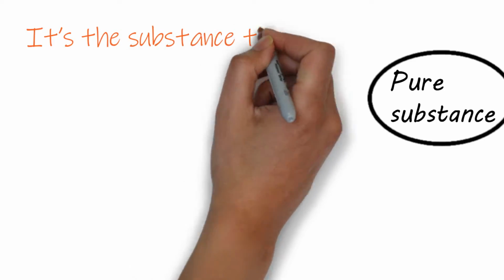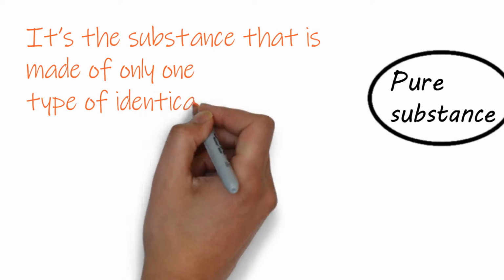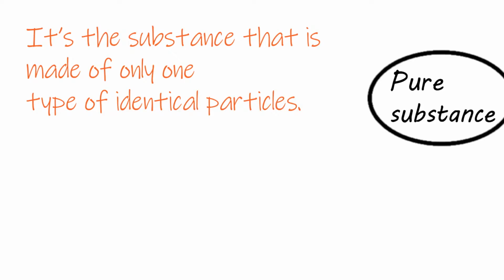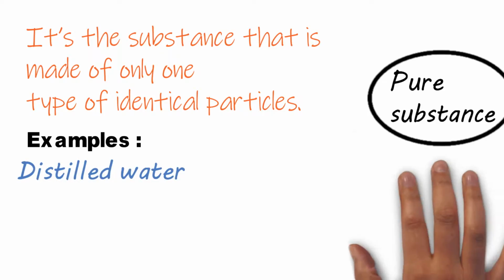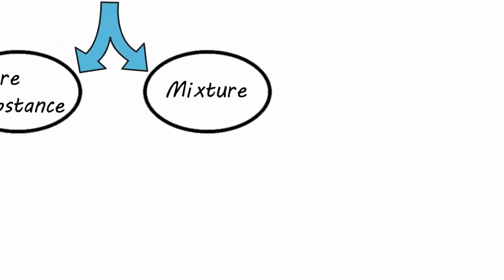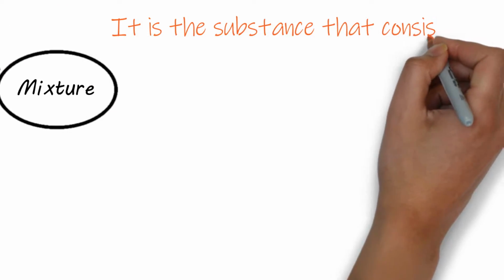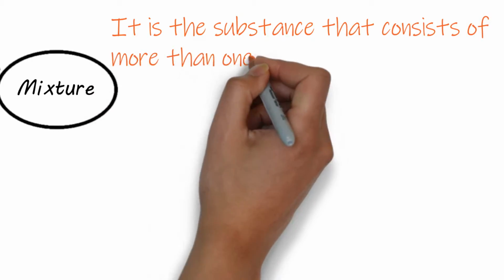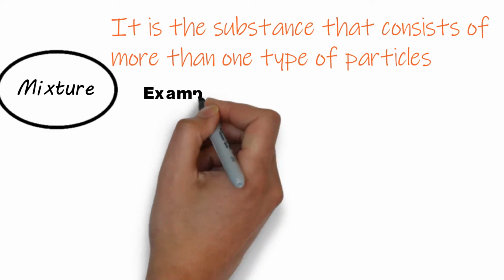We learned that the pure substance is made up of only one type of identical particles, as in pure water or distilled water. Also, we learned that the mixture contains more than one type of particles, like concrete.